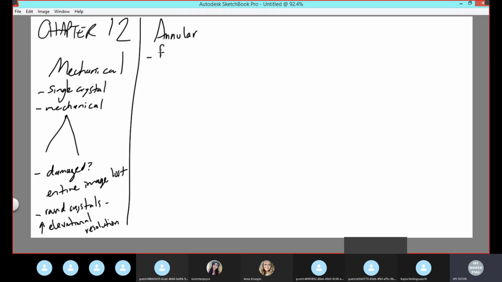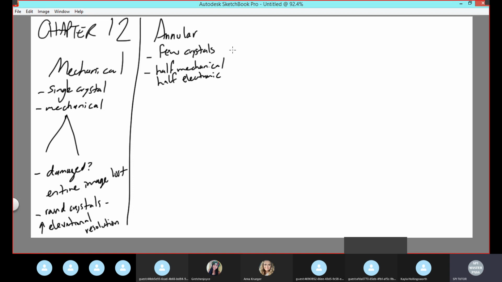Your annular has a few crystals. So we're kind of improving. We went from one to a few. It's also half mechanical and half electronic. So it steers electronically, but it focuses mechanically.